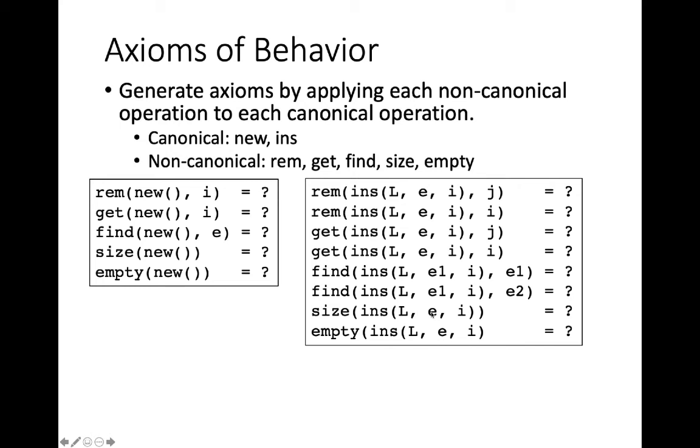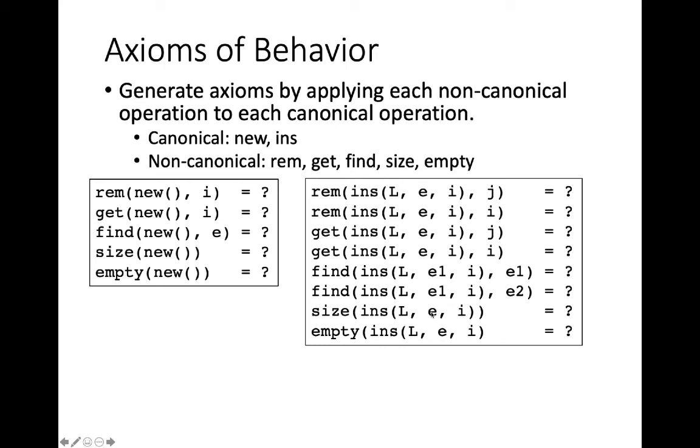And then the axioms I can start to define from that are: what is the result of taking the result of new and then removing the ith element? As you reason about this, you start to formally define the behavior of the list, and now you can prove these things.